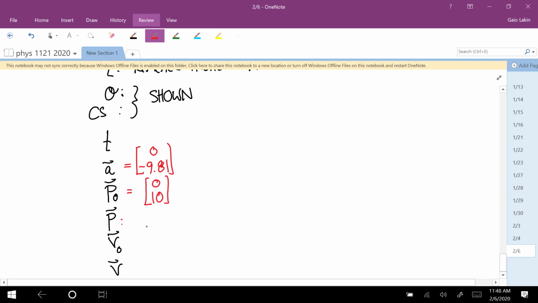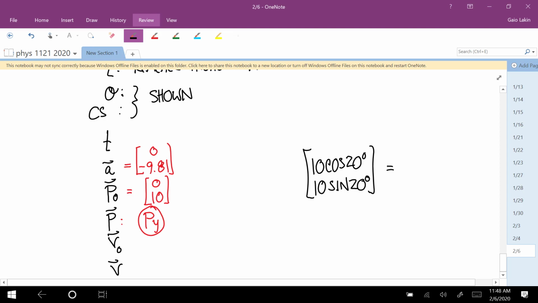We're trying to find py. We don't know what that is. And now for the initial velocity. The initial velocity is the velocity of the car. So that's going to be 10 times the cosine of 20, 10 times the sine of 20. And so that's 9.4, 3.42.